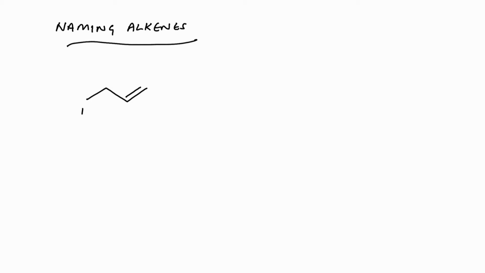So I could number my chain in terms of the carbon atoms any which way I like. So I could start there and work backwards. But the rules say that the functional group needs to have the lowest possible numbers. So having my double bond start on carbon 1 is correct, not on carbon number 4.